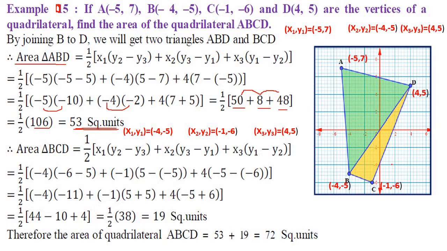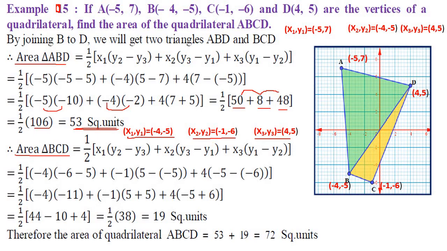Now we have to find one more triangle, BCD, in the given figure. So the area of the triangle BCD is equal to, let us write the coordinates. Let us take (x1, y1) equal to (-4, 5), the coordinates of C are (x2, y2) equal to (-1, -6), and the coordinates of D are (x3, y3), which is (4, 5).